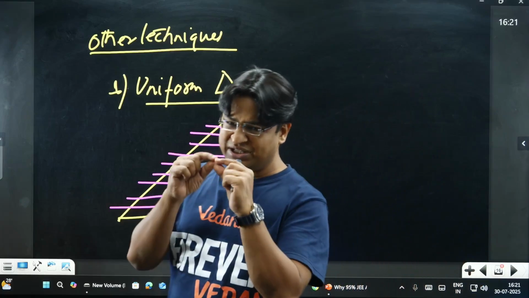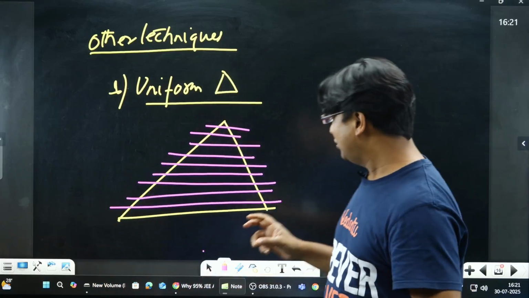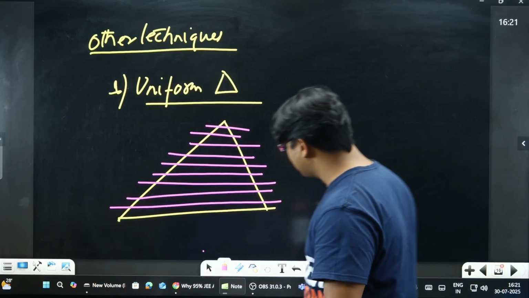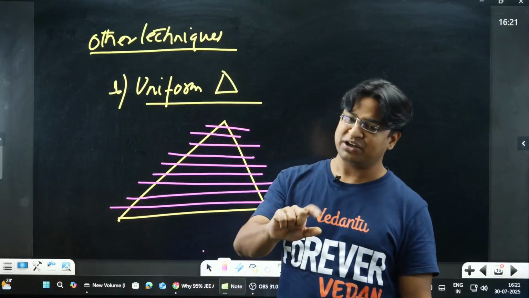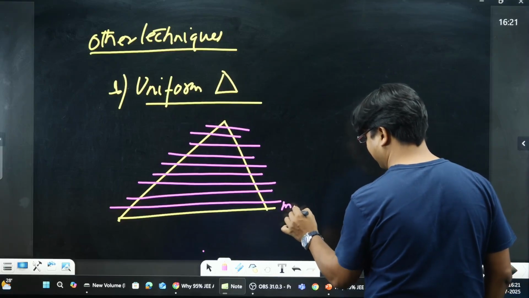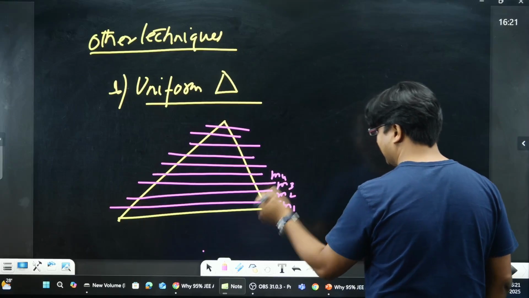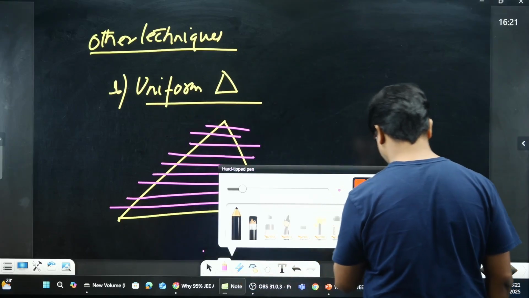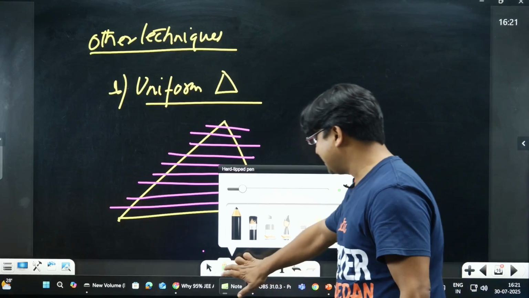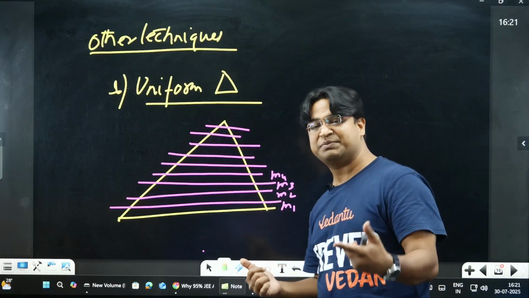Can I say that each strip takes the shape of a rod or a wire? If I replace each strip with a particle of the same mass as that of the strip, say this strip is of mass m1, this is m2, m3, m4, then I can replace these strips with particles of these masses, present at their respective centers of mass.